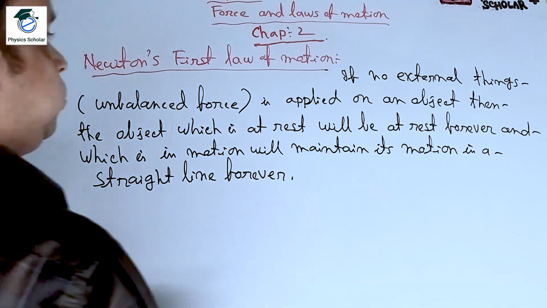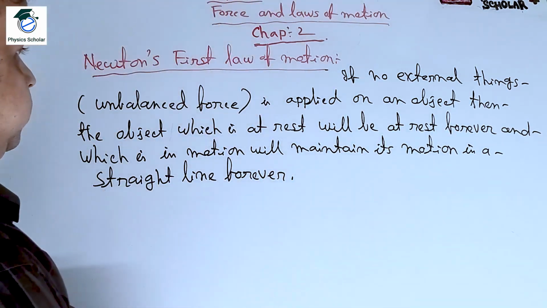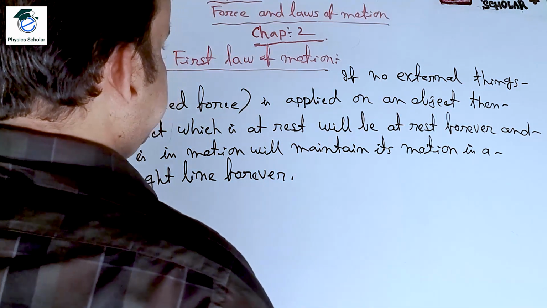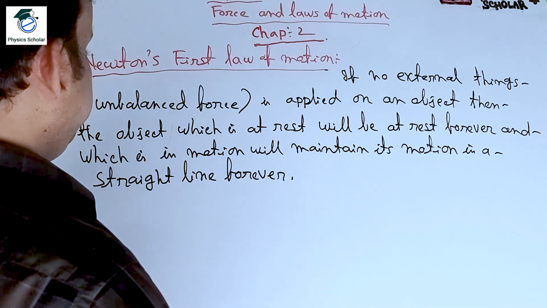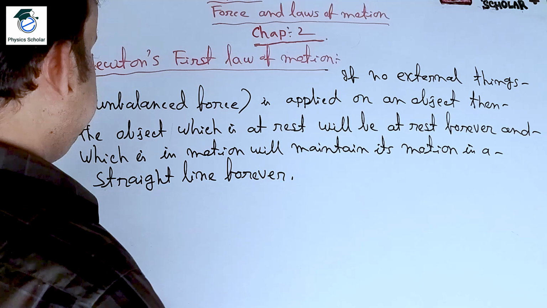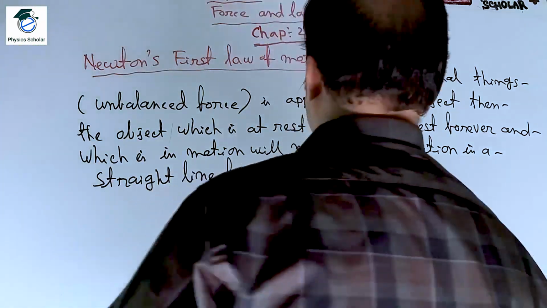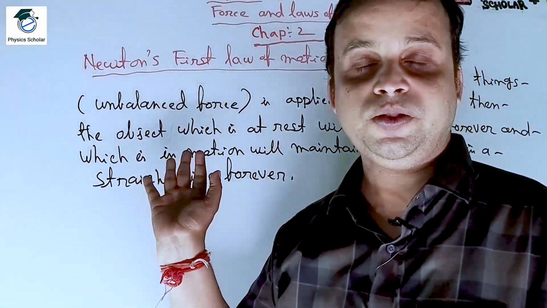So that means, if no external things is applied on an object, then the object which is at rest will be at rest forever, and which is in motion will maintain its motion in a straight line forever. So this is the first law of motion, or Newton's first law of motion.